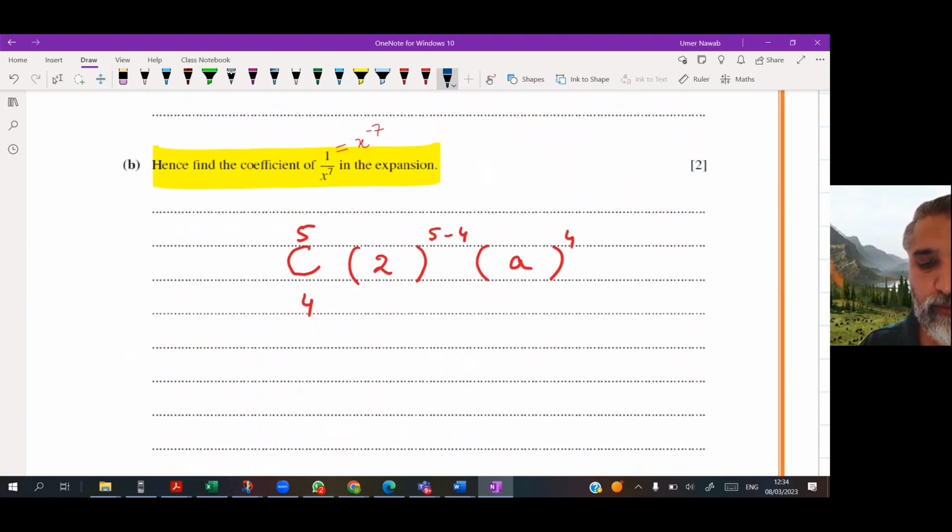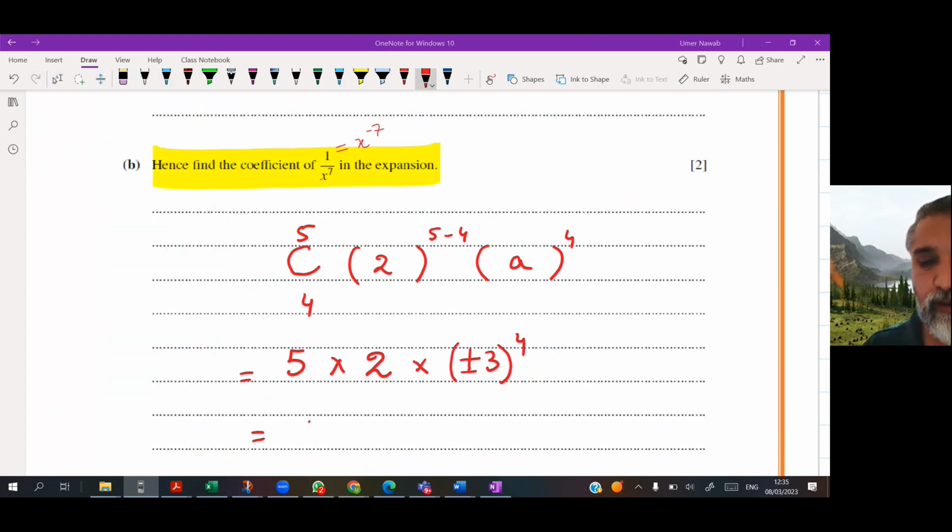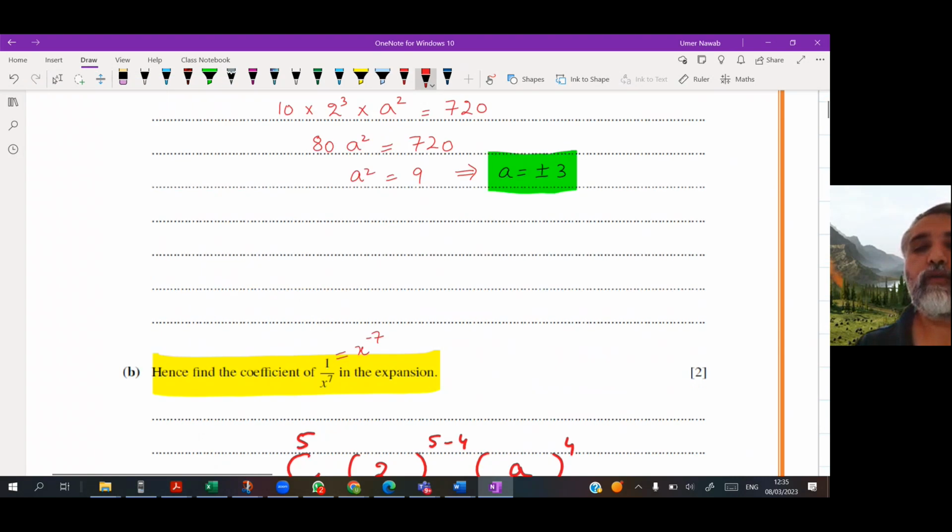I'm going to write here 5C4, which is 5. This is 2. And the a is plus minus 3. Now I can simplify. There is no significance of the plus minus sign here because the power is 4. Always we get a positive answer. So 10 times 3 raised to the power 4 gives us 810. That's all with this question.